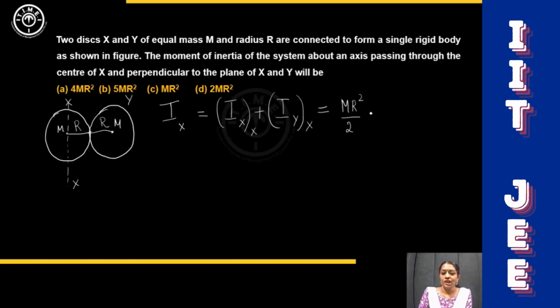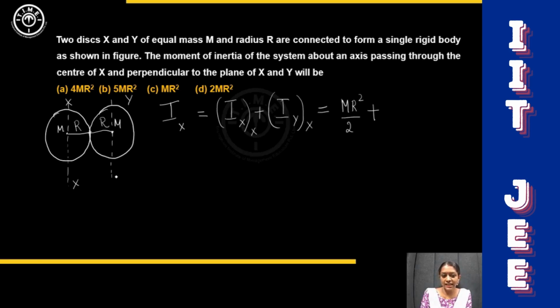Now come to the second term. Second term means it is the moment of inertia of the second disk about the axis passing through the center of the first disk. So see here, with respect to the second disk, this axis X is actually parallel to the axis passing through the center of the second disk, isn't it?